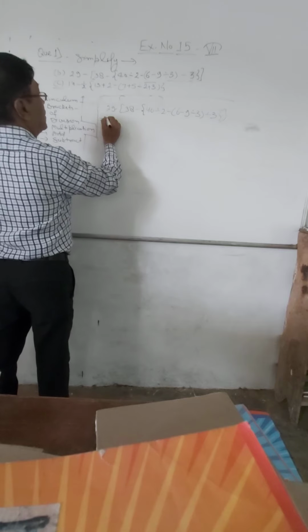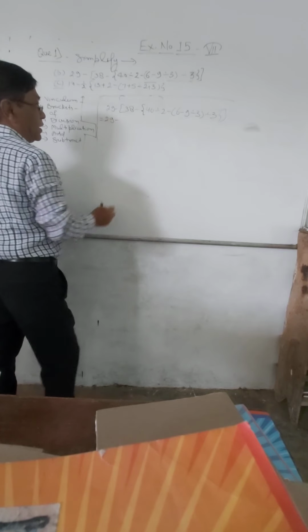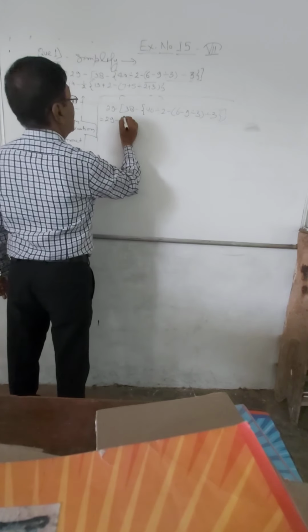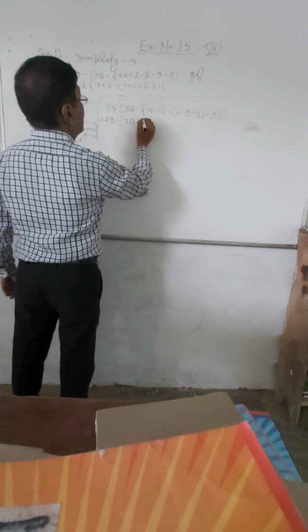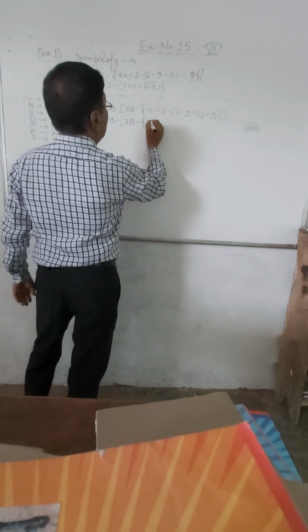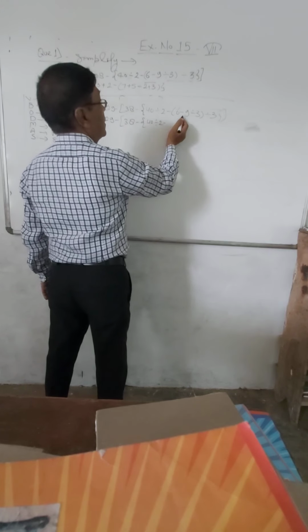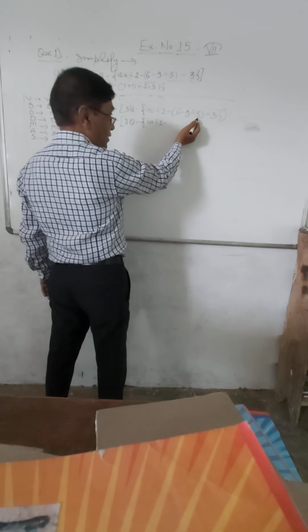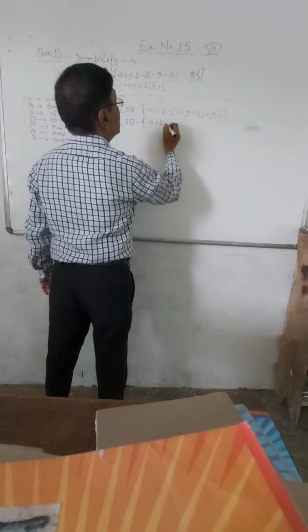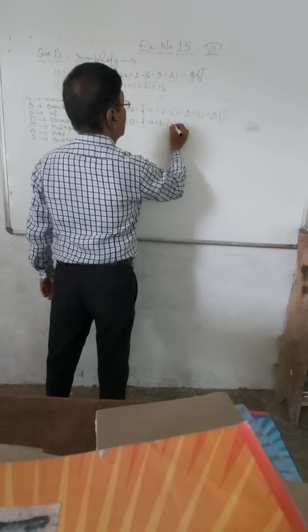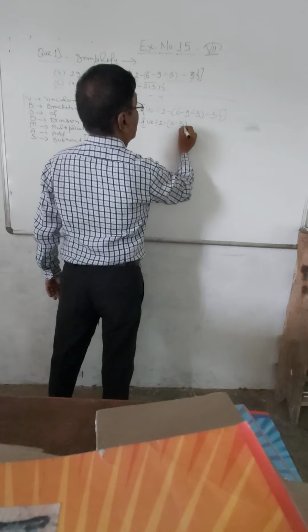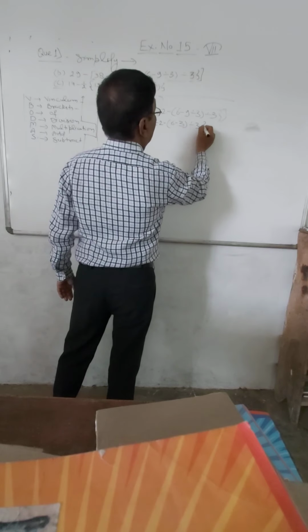Start solving. 29, as I have told you already, first we will solve the small bracket. So 38 minus 40 divided by 2 minus, in this one division and subtraction are there. First we will solve the division. So 3 3s are 9. 6 minus 3 divided by 3.